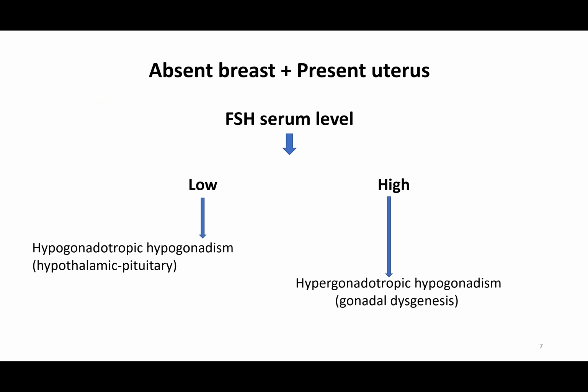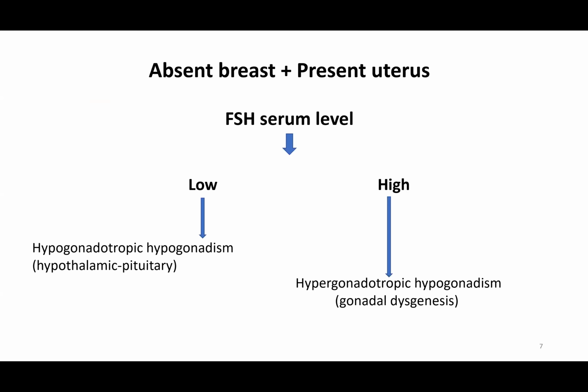So the following classification will be according to these subphenotypes. In cases where the breast is absent but the uterus is present, when a lady brings her daughter, or a patient comes complaining from primary amenorrhea, we will check after taking a full history, examining the patient and investigation. If we find that the breasts are not present, however the uterus is present, it can give us a workup plan.